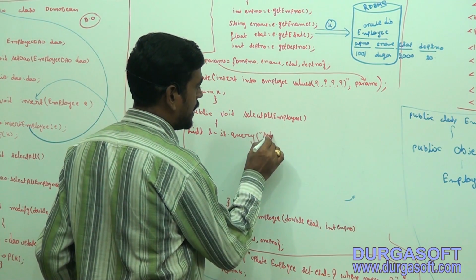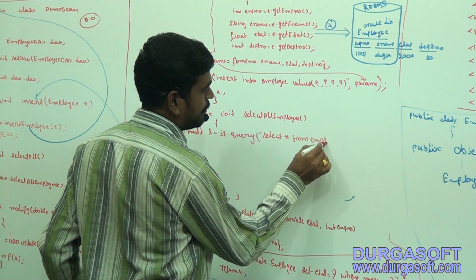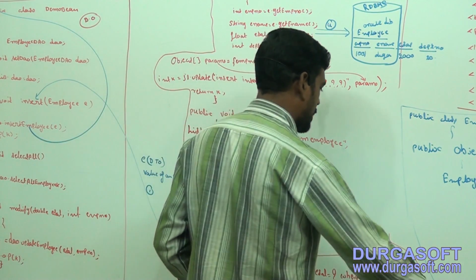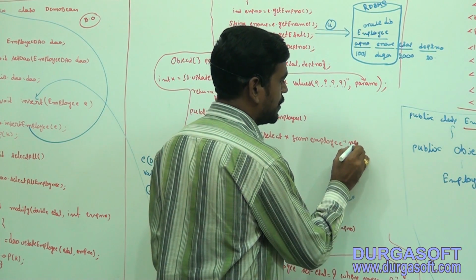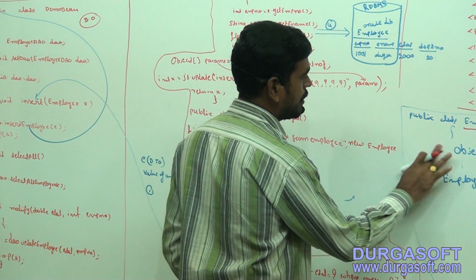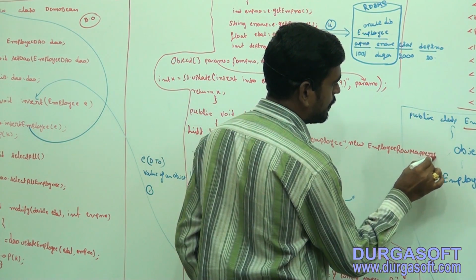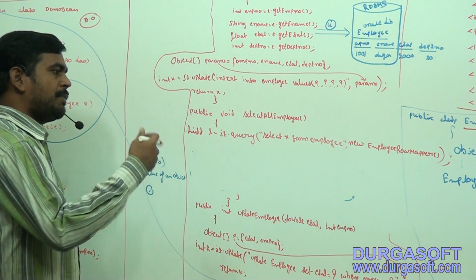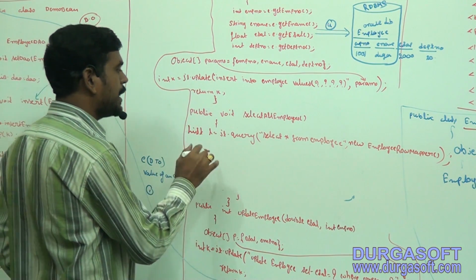Now we can write here select * from employee, comma, new EmployeeRowMapper(). This class object we can pass like this. So now each and every row is going to be converted from result set into an Employee object. Now we can iterate and we can print.